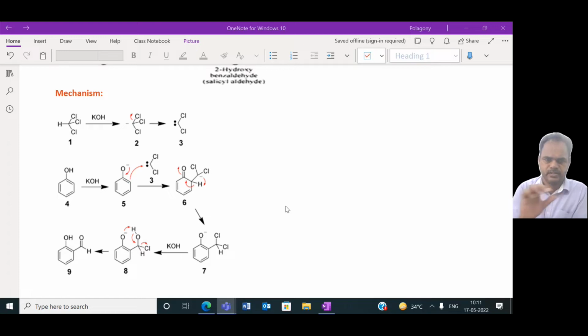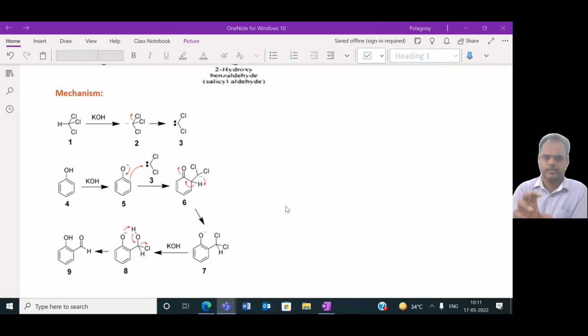This carbene attacks the pi electrons of the benzene ring of the phenoxide ion, since the phenoxide ion is more reactive.